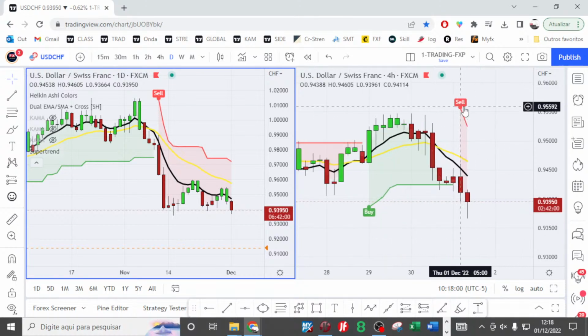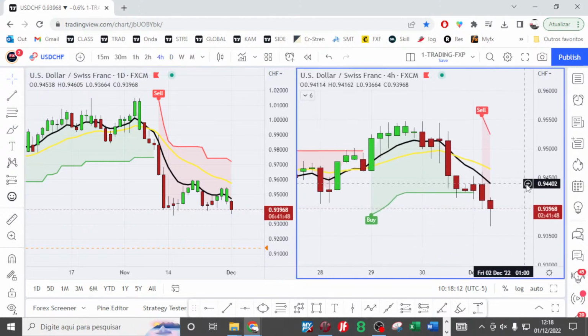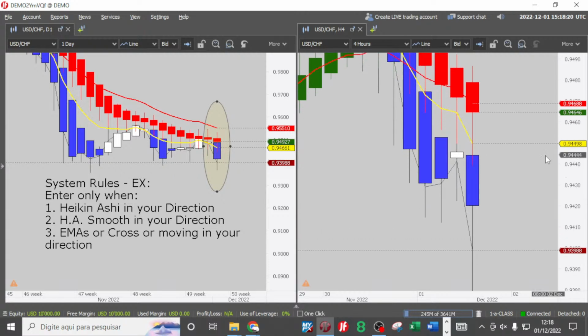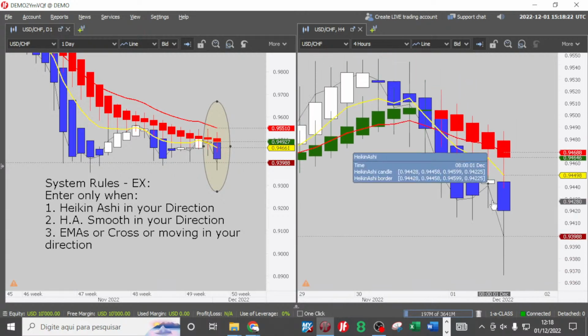And same story from here. The super trend is telling you to sell, to short. EMA just crossed a few hours before, and see, this is the difference. There is a little bit of difference, right? So this Heikin Ashi here on the 4-hour chart on TradingView is red. This Heikin Ashi on JForex, it's white, right?